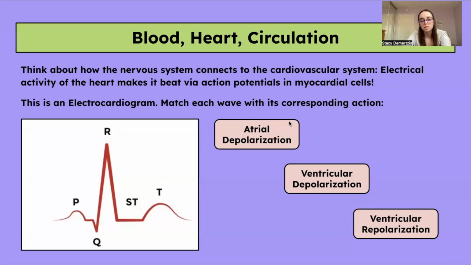And then where would we see ventricular repolarization? Returning back to the resting state, yeah, the T wave. Perfect. So good job identifying that and seeing how the nervous system and neurological and electrical activity relates to cardiovascular system functioning.